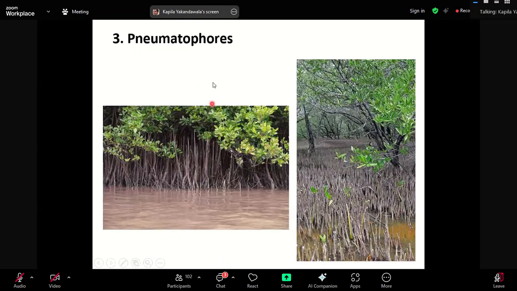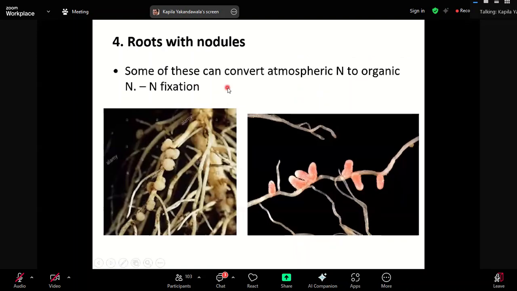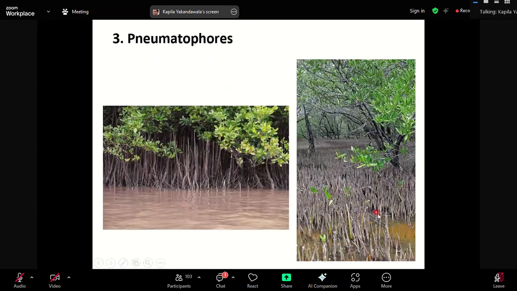Then if you look at this one, this is called pneumatophores. P is silent, so we call pneumatophores. They produce negatively geotropic roots away from the soil.